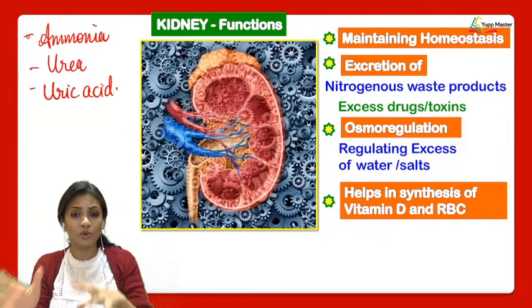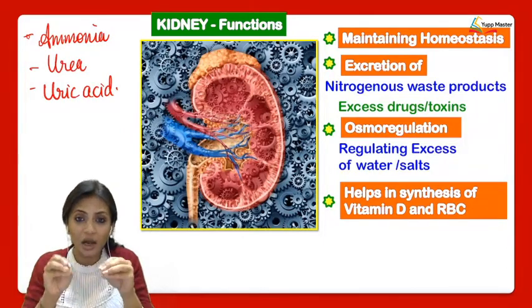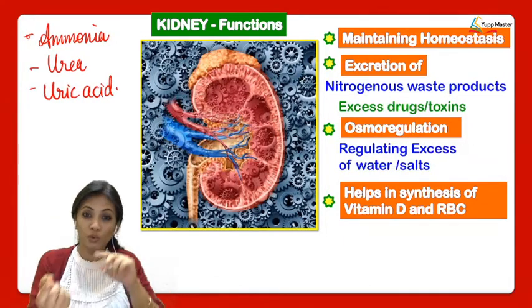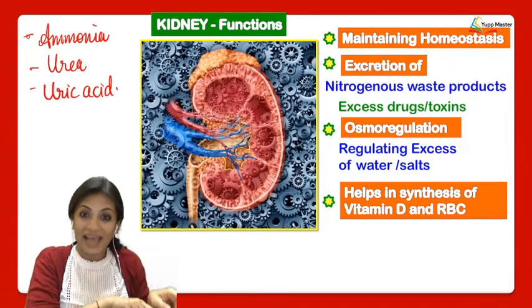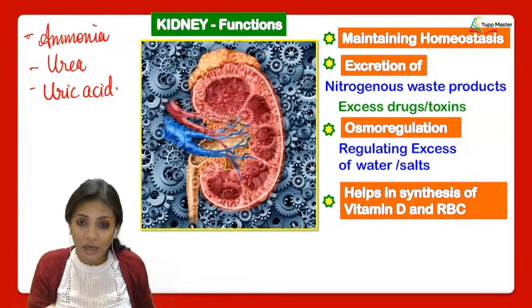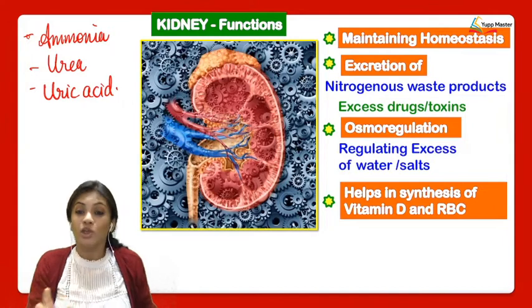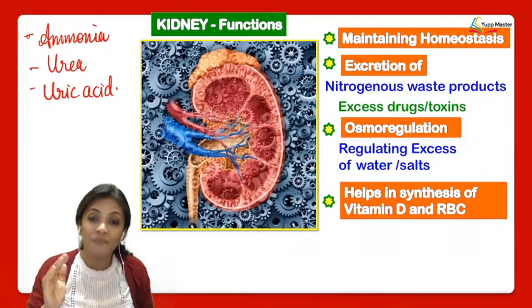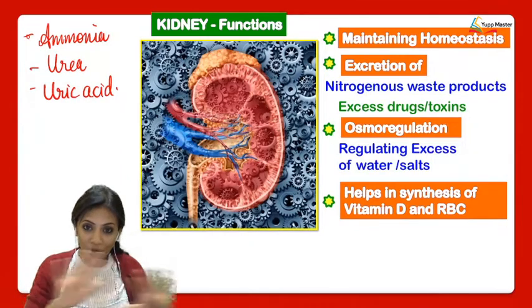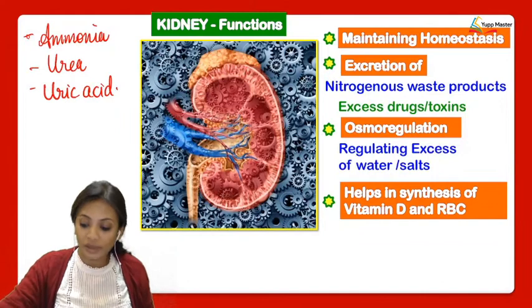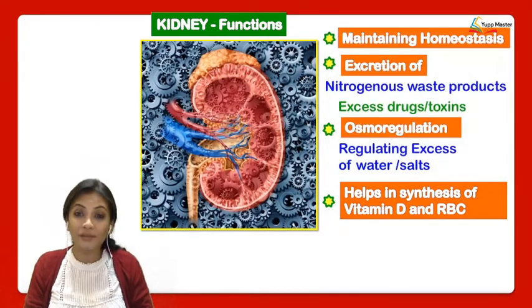So kidney is going to be producing or secreting a hormone. From the kidney, that hormone will go to the red bone marrow and tell it to start producing RBCs. Okay, so without a green signal coming from the kidney, the bone marrow will not be able to produce RBCs. And what is the name of that hormone coming from the kidney?